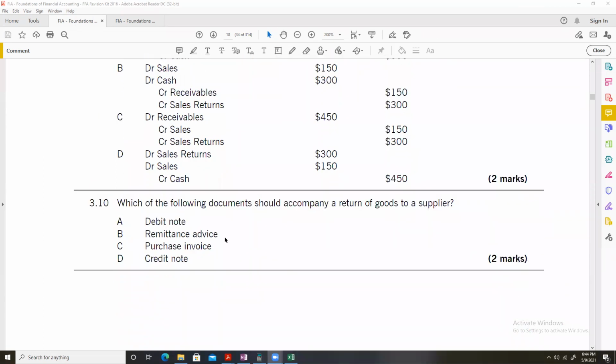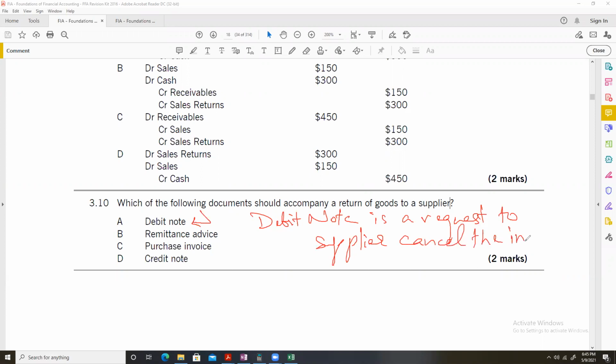Now, which of the following documents should accompany a return of goods to the supplier? Return of goods. Okay. When we return goods to suppliers, I have already told you that we send a debit note to the supplier. A debit note actually is a request to the supplier to cancel the invoice that we received from the supplier when we purchased goods.